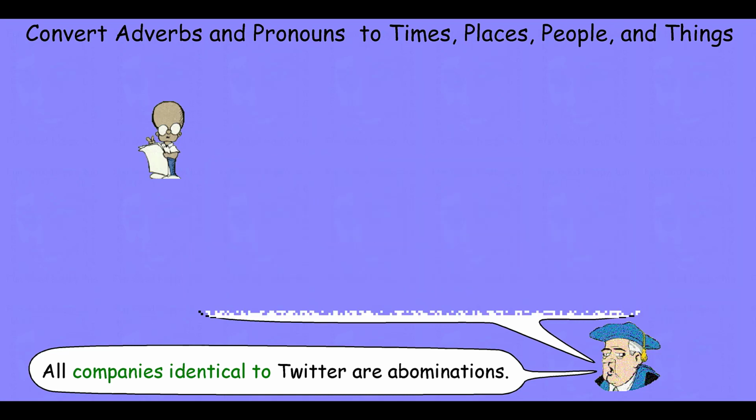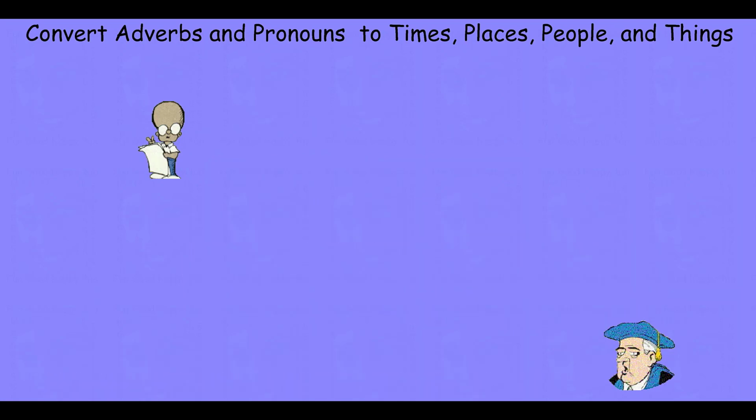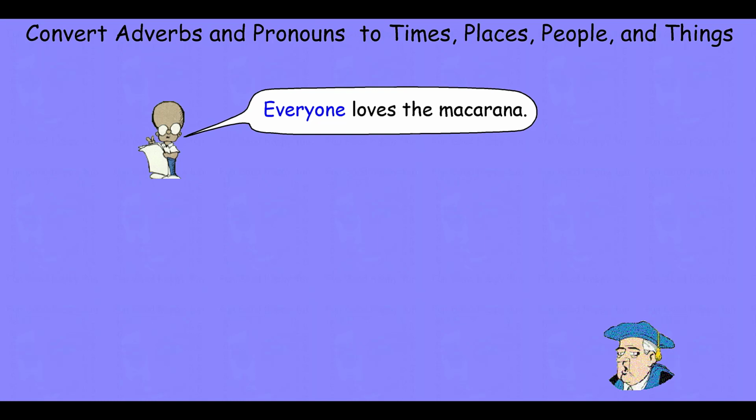Finally, I can look at cases where I've got adverbs and pronouns, and I want to convert those into times, places, people, or things. For example, suppose I have the sentence, everyone loves the Macarena. Well, everyone is both a non-standard quantifier and a means of picking out a class that doesn't make it explicit what the class is.